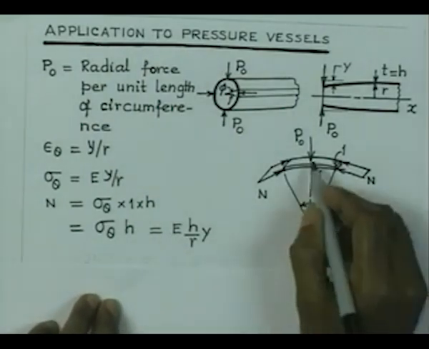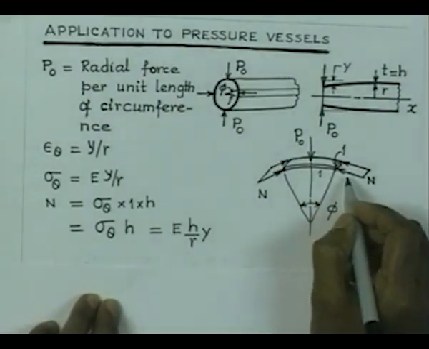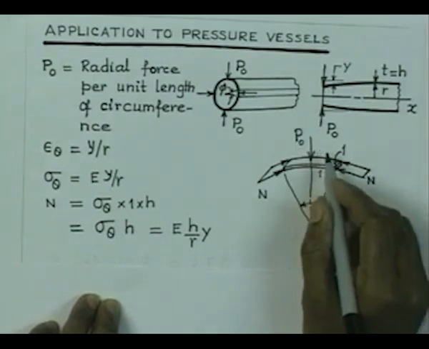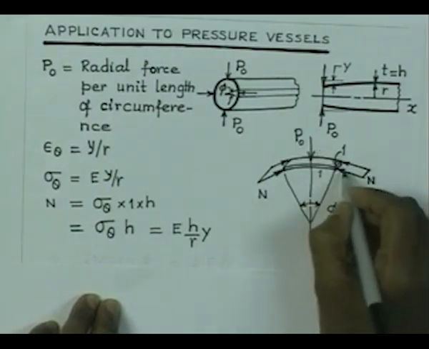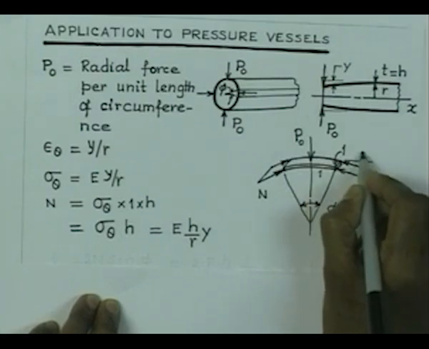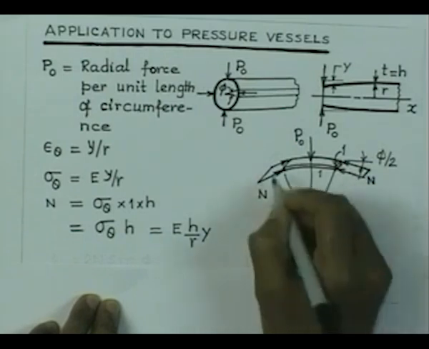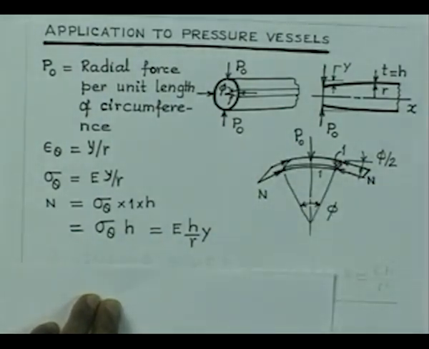And now, what is Q? Q is nothing but the component of these forces N in the vertical direction, and therefore this angle is phi by 2. Similarly, on this side also we have the angle phi by 2.